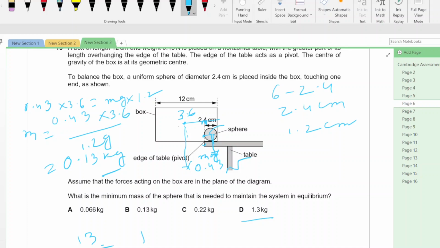Sorry, this 0.13 kg is B. Therefore, the answer to 13 is 0.13 kg, and it is at B.